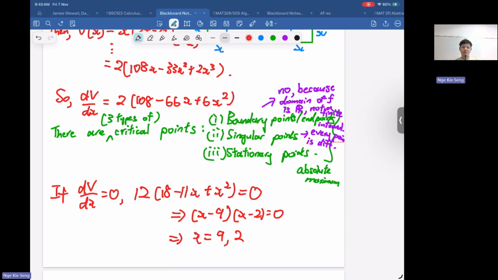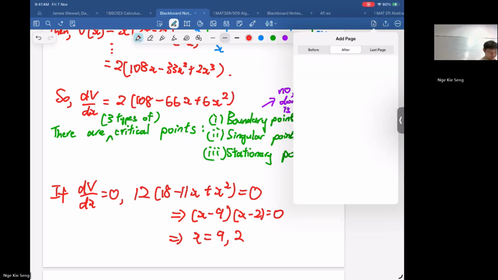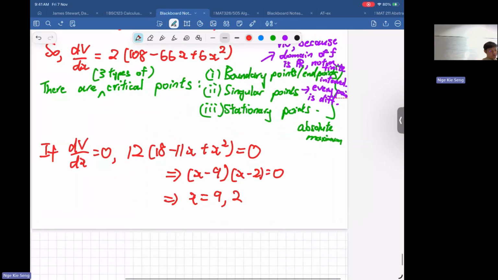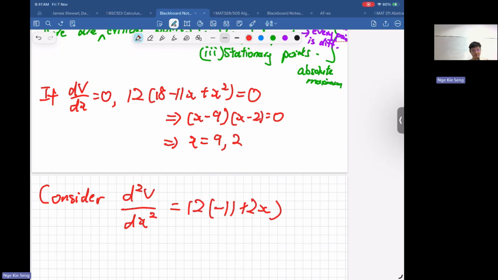It depends on how you want to proceed. You can use the first derivative test, but I choose to do the second derivative test. If I continue to differentiate, I get an even easier function here.